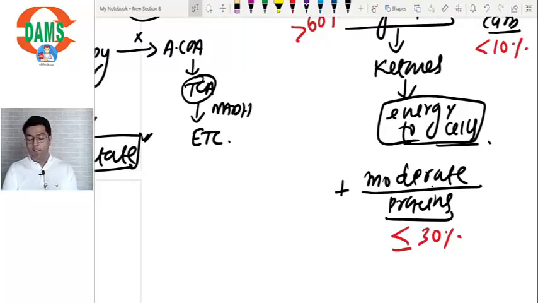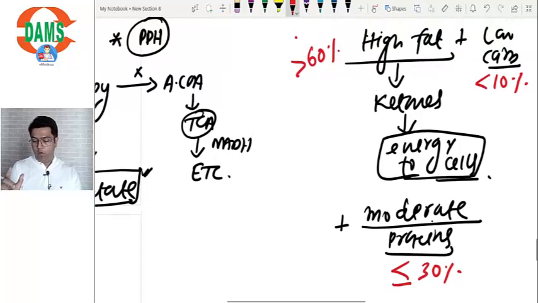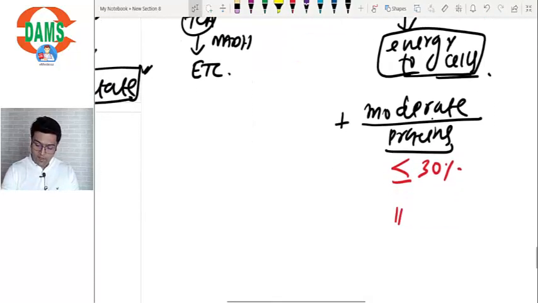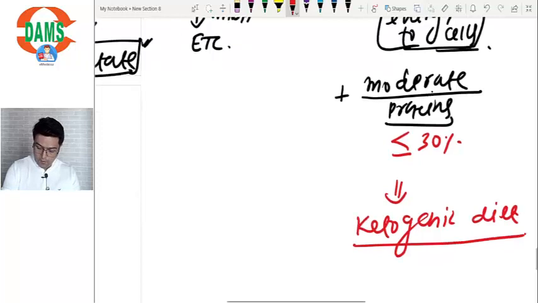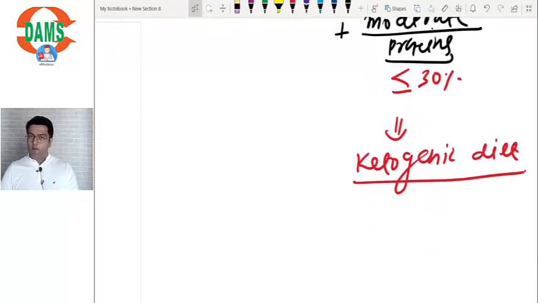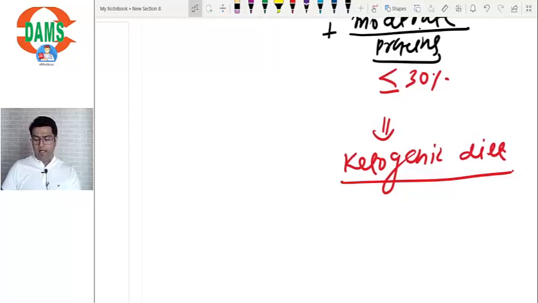Because proteins can be used for making glucose. To maintain a small amount of blood sugar, I want to do gluconeogenesis, and that can be done using the proteins. So guys, this is called a ketogenic diet.